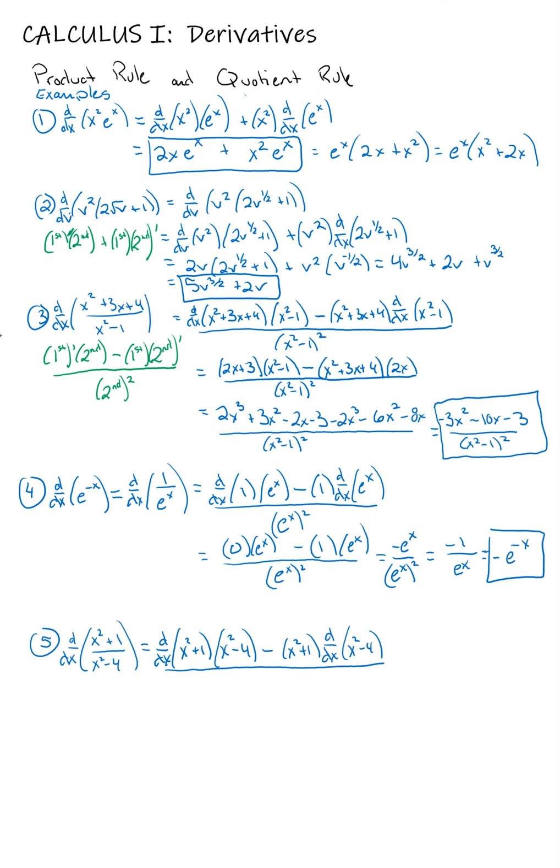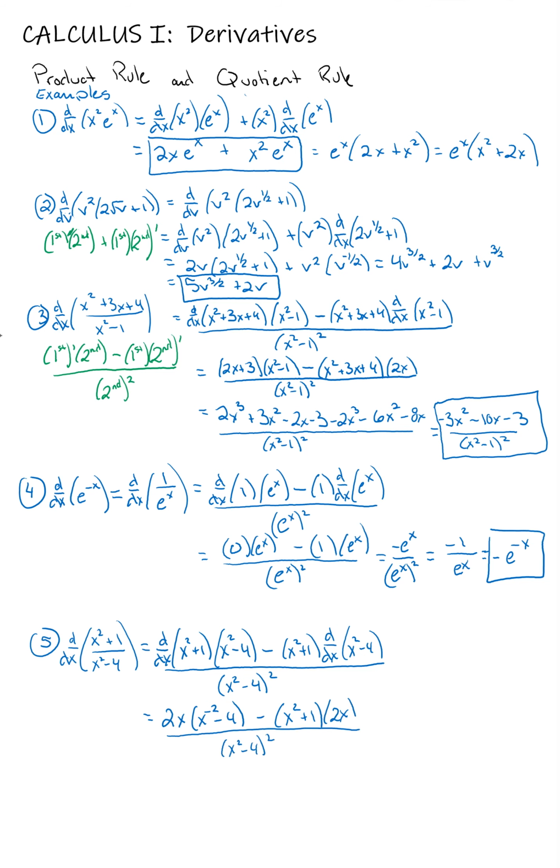All of this is over the denominator squared. Okay, well, let's see. If we take the derivative of x squared plus 1, we end up with 2x. That's being multiplied by x squared minus 4 minus x squared plus 1 times the derivative of x squared minus 4, which is also 2x. Keep the denominator as is in case I get to reduce it here in a bit.